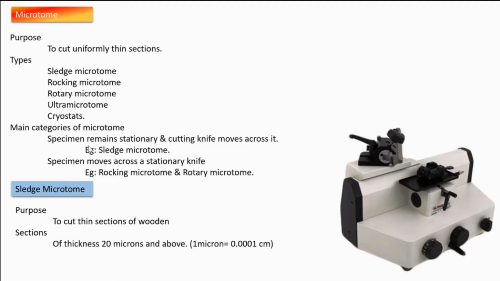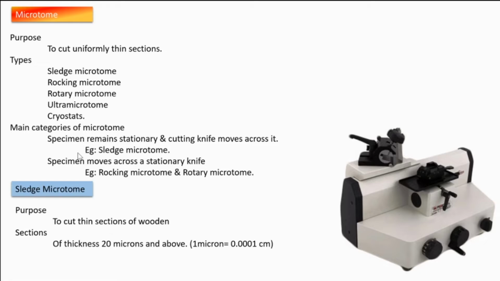That categorization is mainly based on whether the specimen stays stationary or is moving.